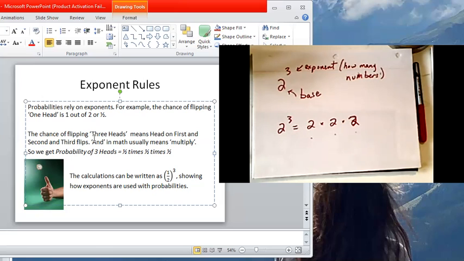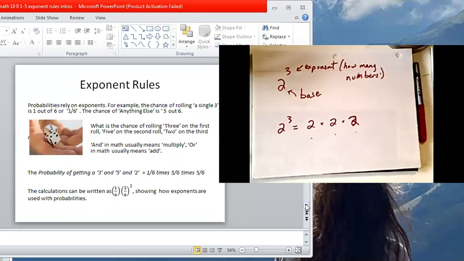In math class, whenever the word "and" shows up, usually it means times or multiply. So the probability of 3 heads means a half for the first, half for the second, half for the third. They're all multiplied together, so we can write them as an expression with an exponent. And in this section, we're going to take a look at how to work with this type of expression.